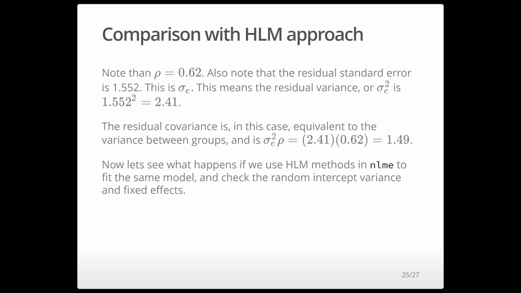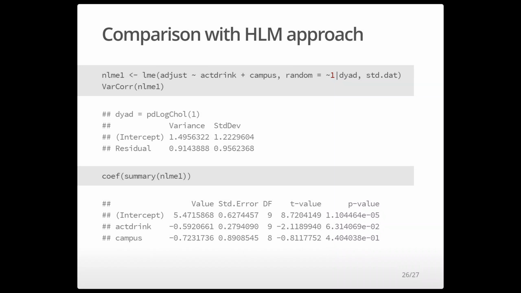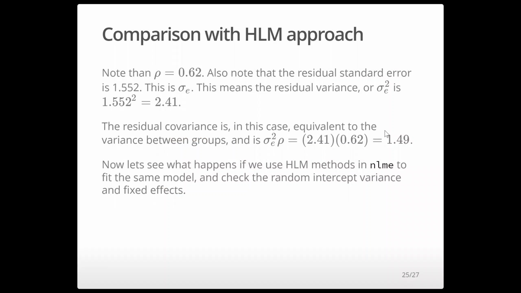So let's see what happens when we fit this exact same model using HLM instead of the compound symmetry approach. Here I use lme from nlme, just to keep the package consistent. And note, this is our intercept variance. It is equivalent to this sigma squared E times rho.